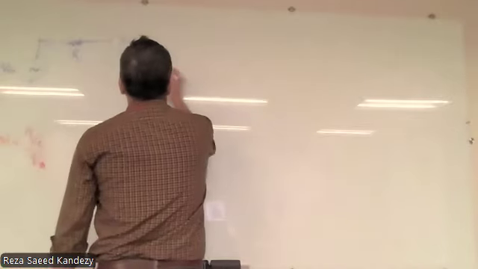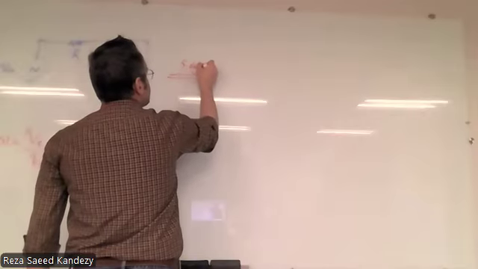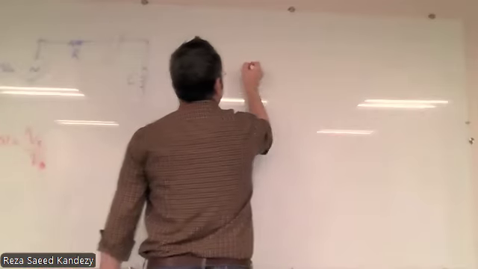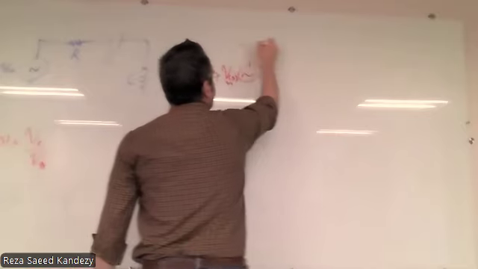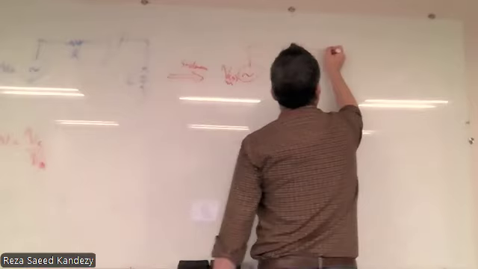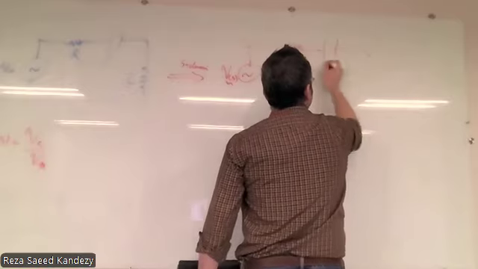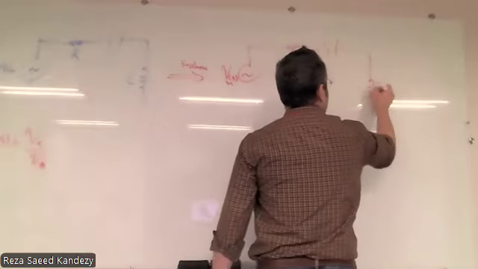One way is to simply shift this to the S domain, which becomes the V in of S. The impedance of the R is the same as R. The impedance of the C is going to be 1 over CS, and the impedance of L is going to be LS.